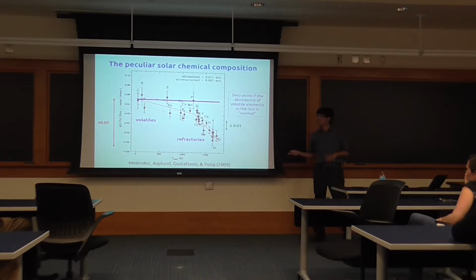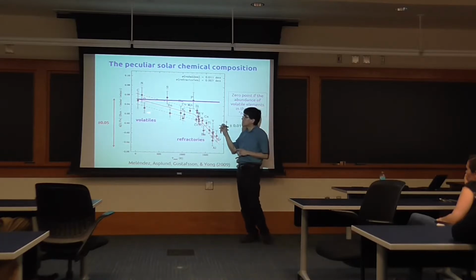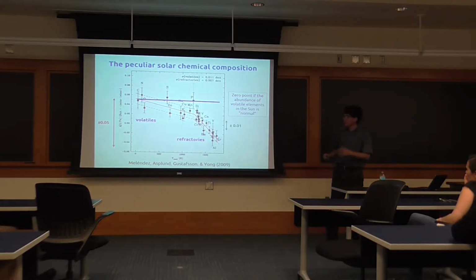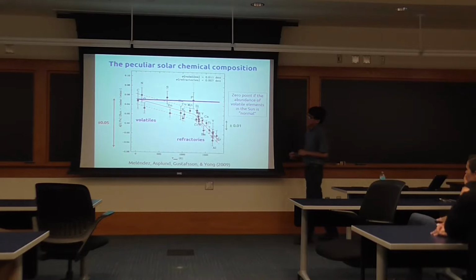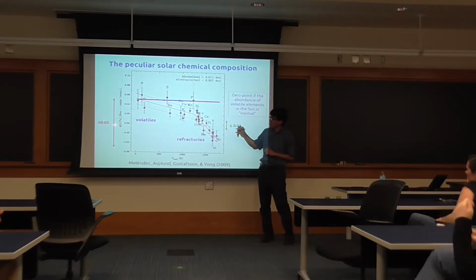So let's make an assumption for a moment that the 0 point, instead of being here, which is the case if you use iron as a reference, and if iron would be the normal thing amongst all stars, including the sun. Now let's make the assumption that the volatile abundance of the sun is normal, meaning that it is the same as in the other solar twins. If you make that assumption, then this would be the 0 point. So instead of having x over Fe, you could have x over C, x over carbon, or x over oxygen, or something like that.